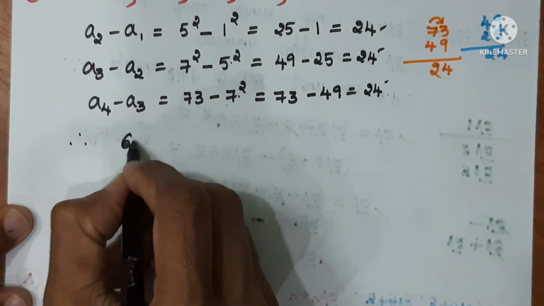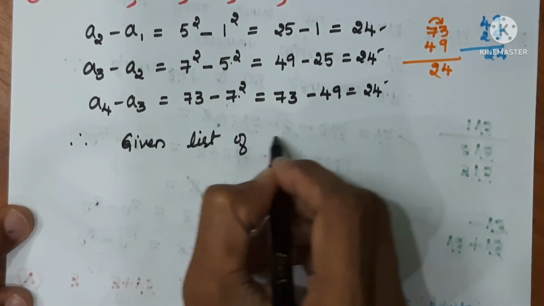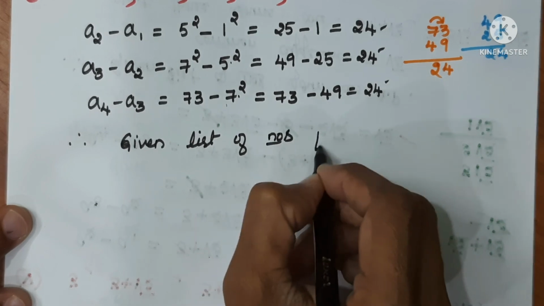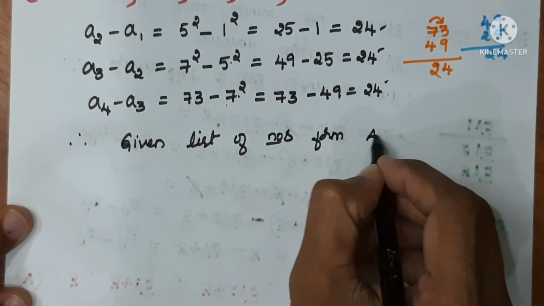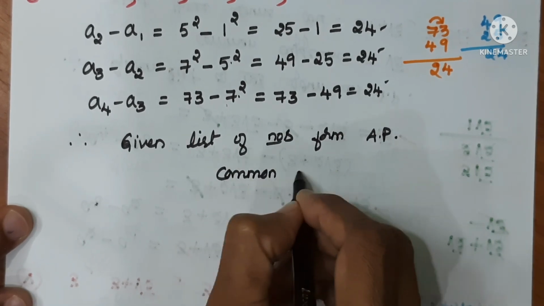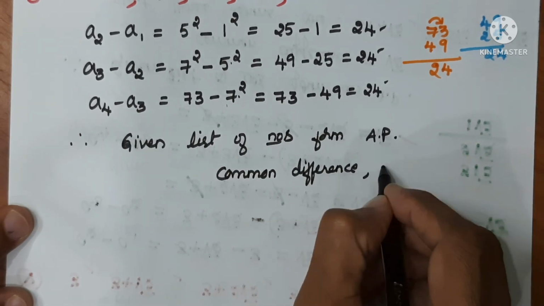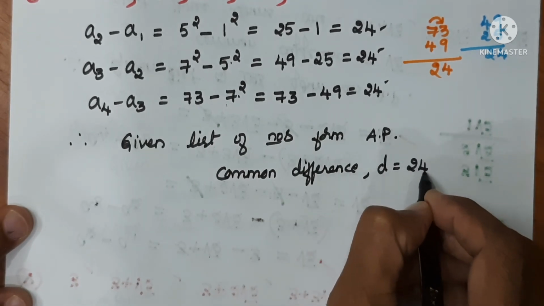Therefore, the given list of numbers forms an AP. And the common difference D is equal to 24.